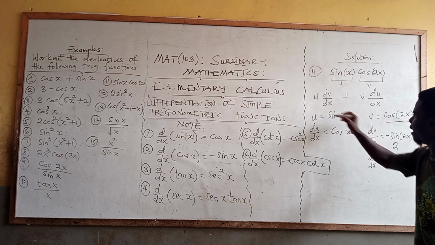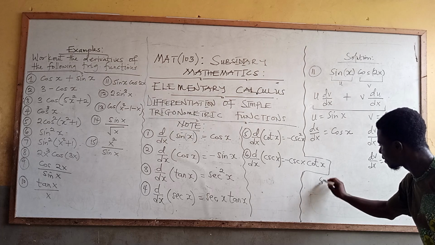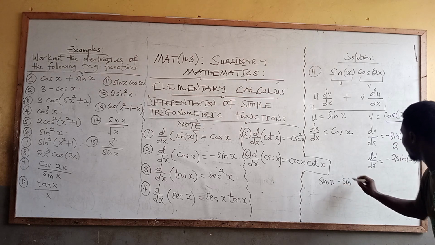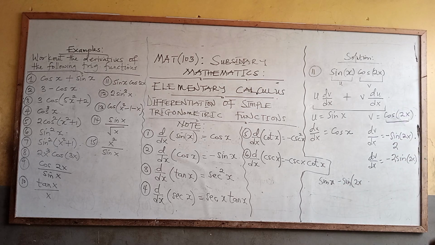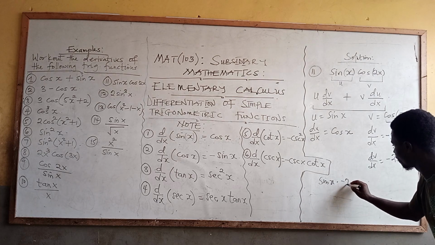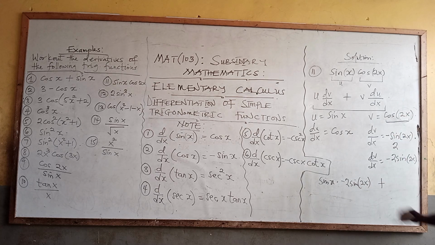Right. So now let's substitute that in the formula. My u is sine x, then dv with respect to x, we get negative 2 sine 2x. Then plus our v is cos 2x, then times our du with respect to x, we get cos x.